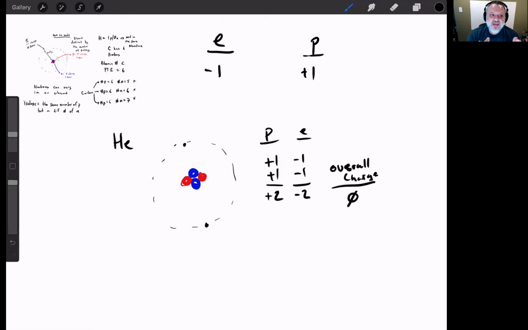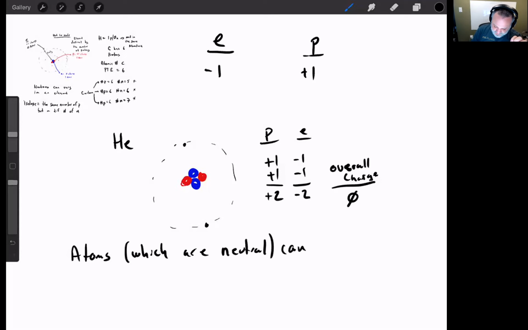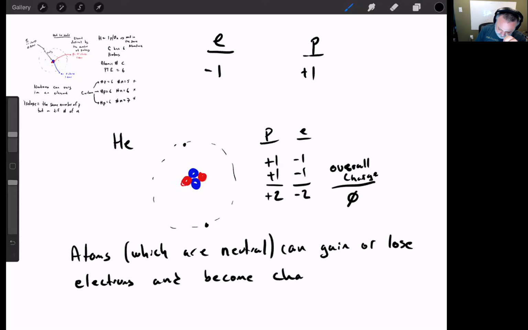The fact of the matter is that sometimes atoms, which are neutral overall, right? An atom is neutral overall because typically it has the same number of protons as electrons. But they can gain or lose electrons and become charged.